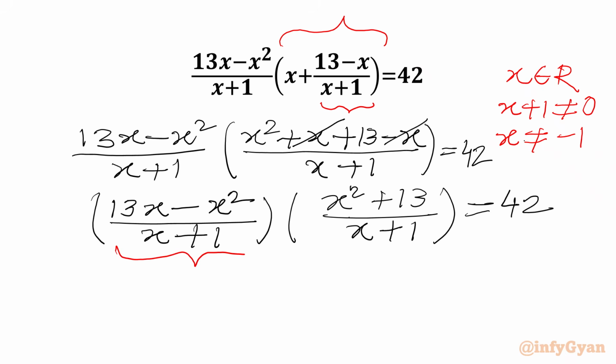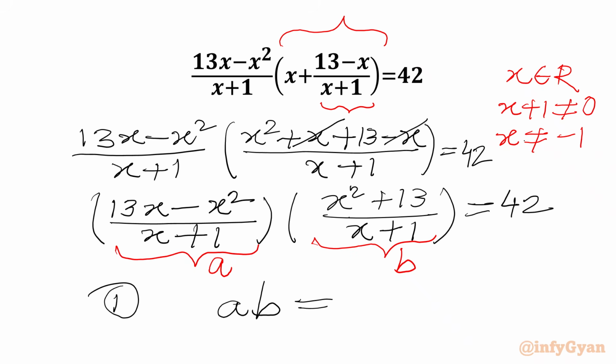So let's say first (13x minus x square) over (x plus 1) equal to a, and (x square plus 13) over (x plus 1) equal to b. So we can write our first equation after this substitution: a times b, or ab, equal to 42.